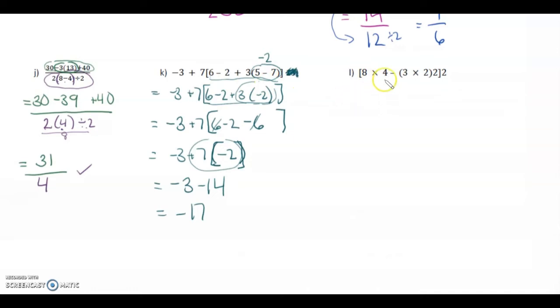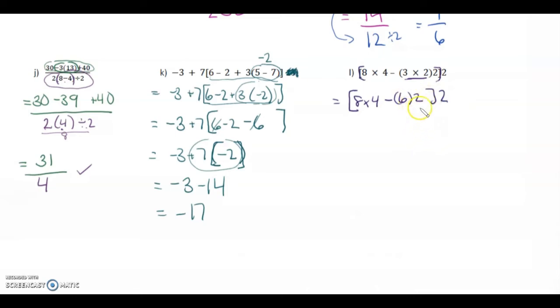Okay, and last one here, L. Let's do the big bracket first. So inside the bracket, let's do the bracket first. So we have 8 times 4 minus 6, and then that's a 2, and that's a 2.